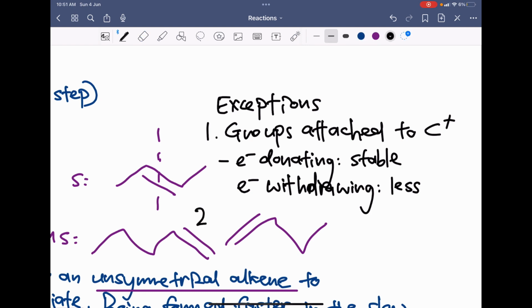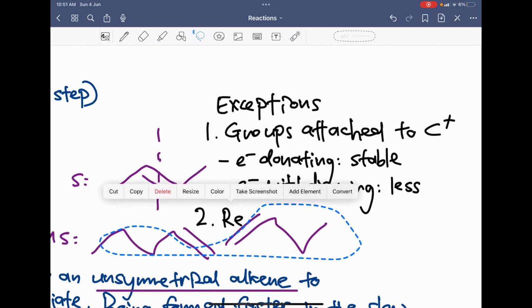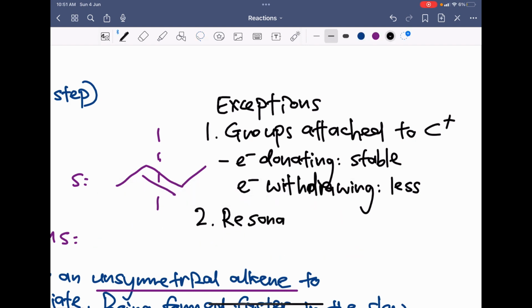The second one is resonance stability. If your carbocation intermediate undergoes resonance, for example, let's say it is next to a benzene ring, then this disperses the positive charge on the carbocation intermediate, which then makes it more stable. So please note these exceptions, and if you identify them, they can override Markovnikov's rule to form the major product.